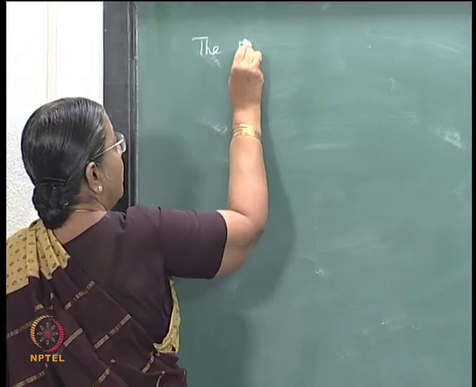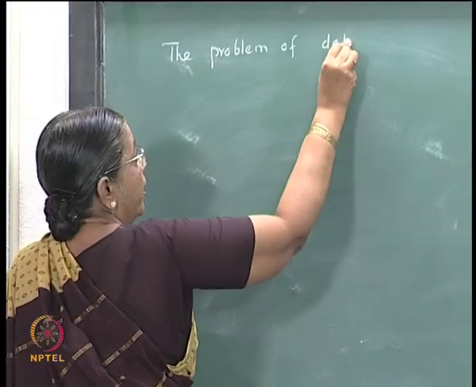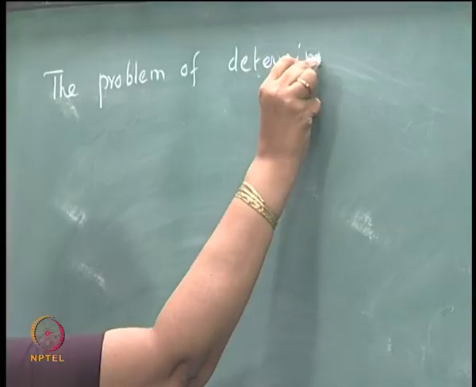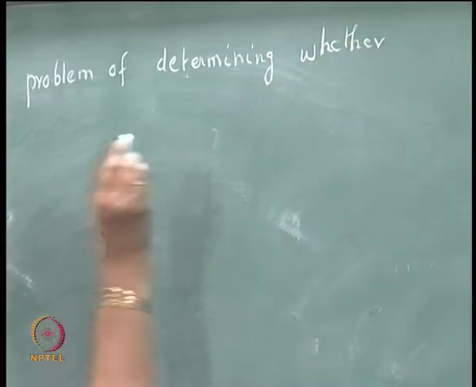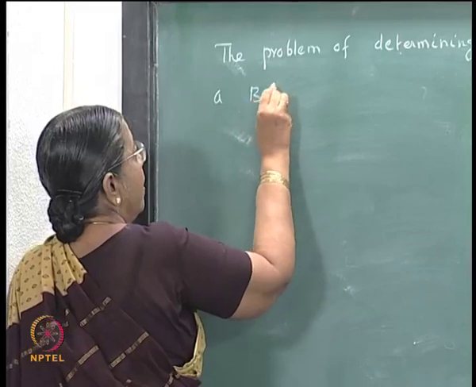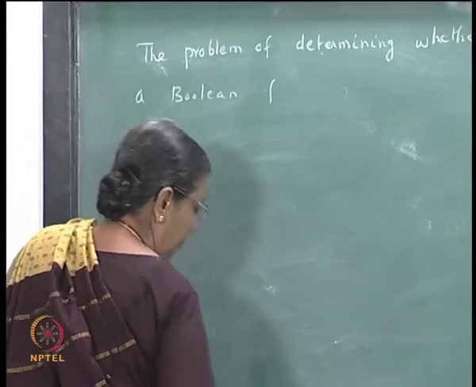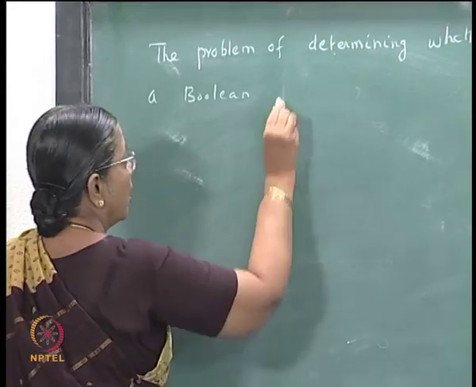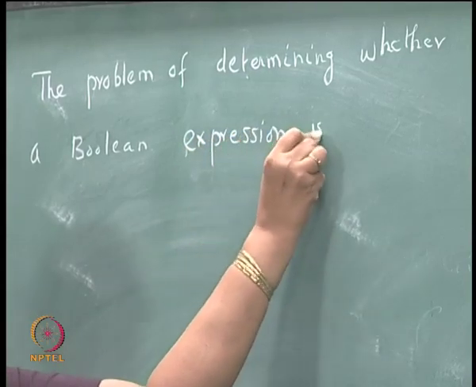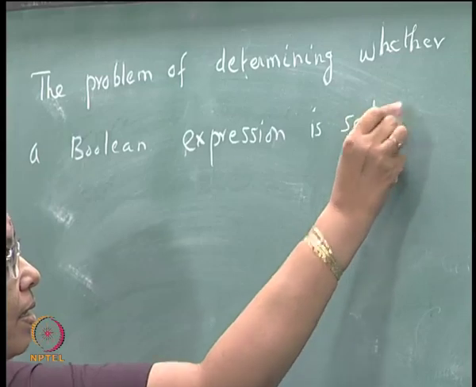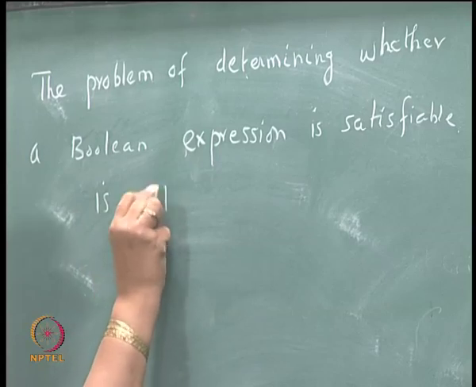The problem of determining whether a Boolean expression is satisfiable is NP complete.